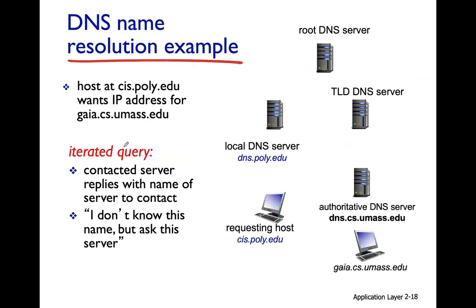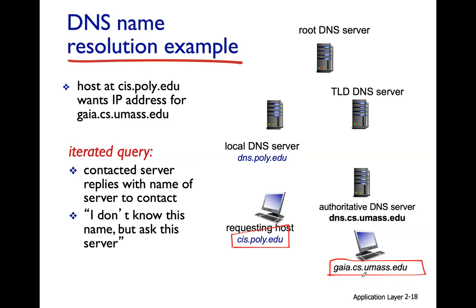For local DNS, we can see an example. How do I get the IP address? For example, I have CIS at poly.edu, and want to access cs.umass.edu, one computer at umass.edu.